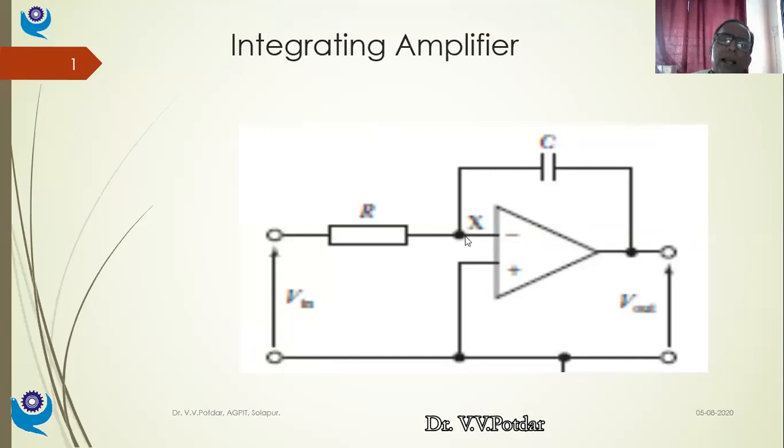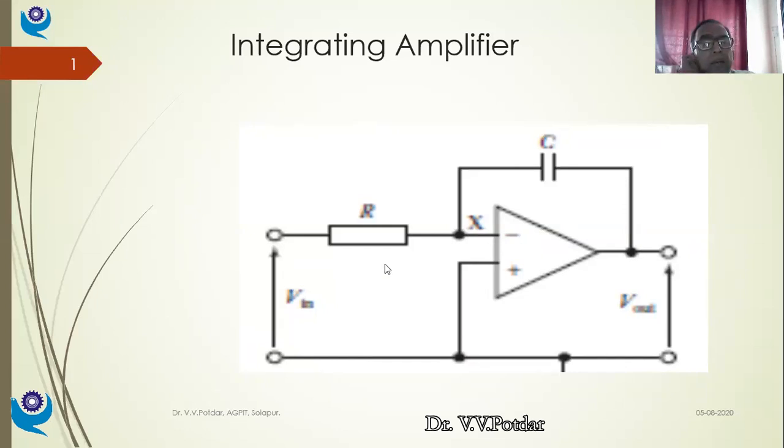Now, last class we saw that because there is a very high impedance at the input level of the OpAmp, virtually no current is flowing into this OpAmp. So X is virtually at zero, that is, Vx is equal to 0. If we see, there are two circuit loops.